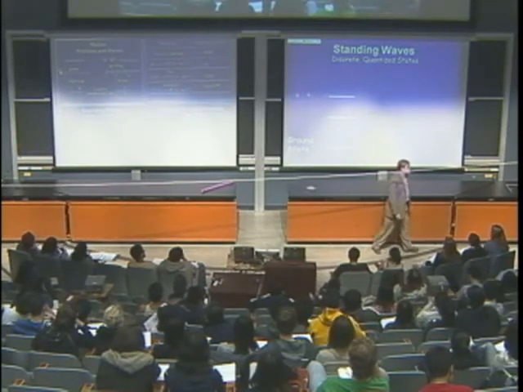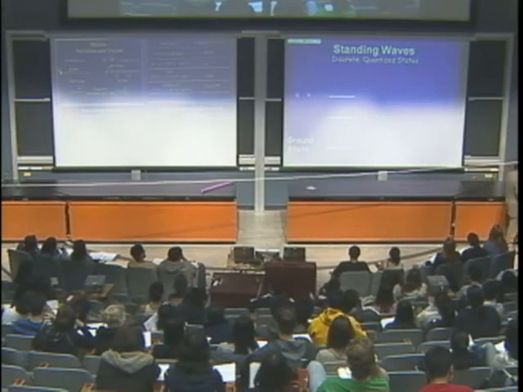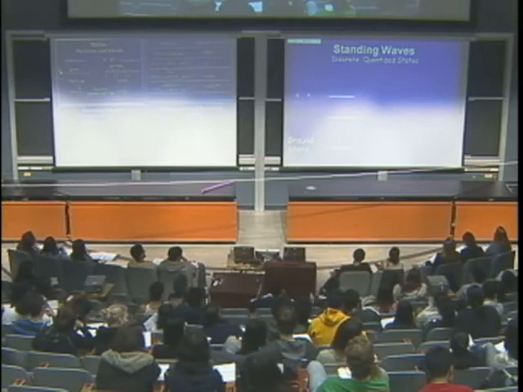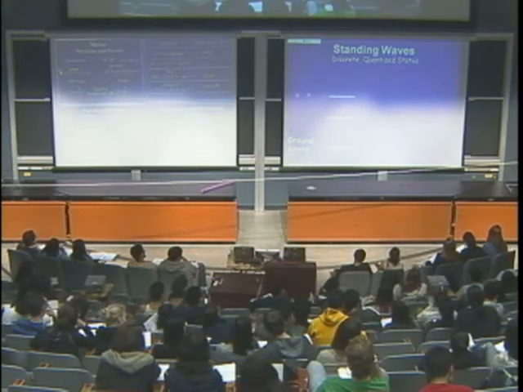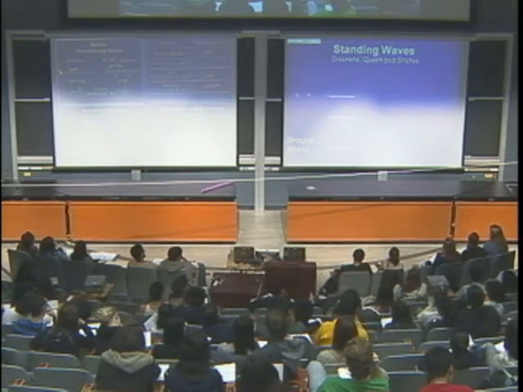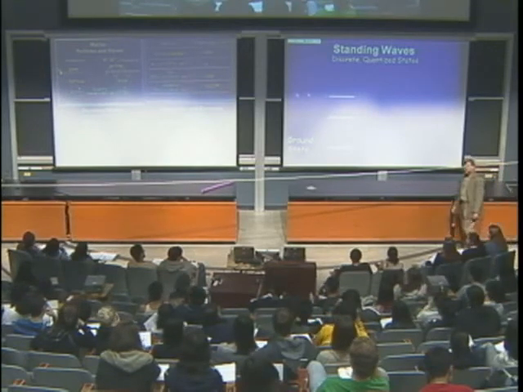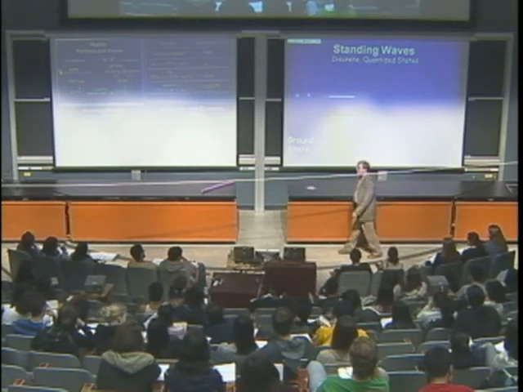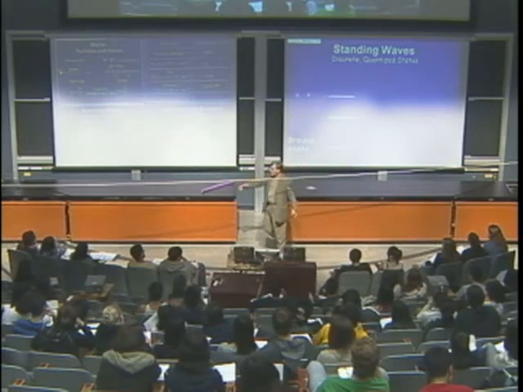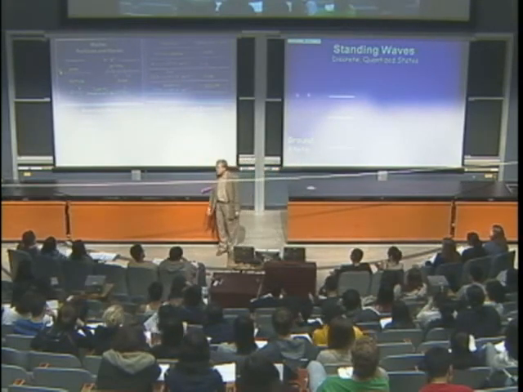So my condition is that the wave function has to be 0 here and has to be 0 where Karen holds it. That's the condition we put on that wave. And I'll explain to you in a little while why we put this condition on there.